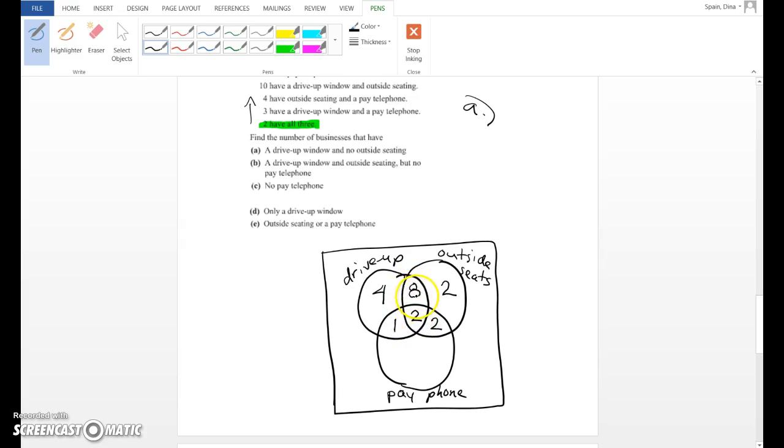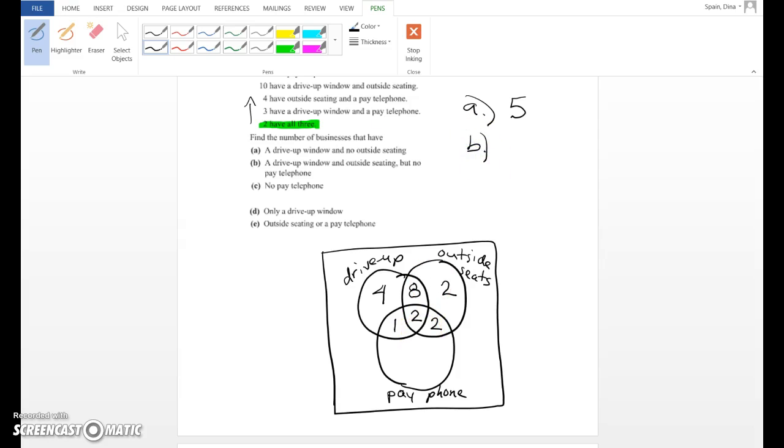Outside seating, those 10 right there, the 8 and the 2, those are in the outside seating circle. So everything that's outside there, the 4 and the 1, which makes 5, that's 5 businesses that have a drive-up window, but are outside of the ones that have the outside seating. So Part A, the answer is 5.